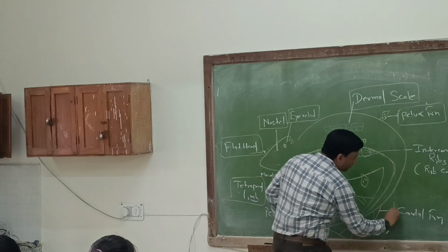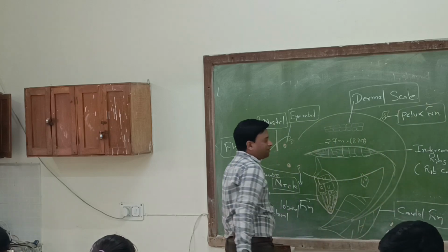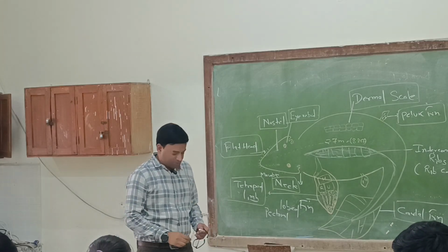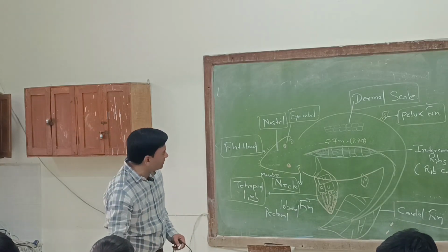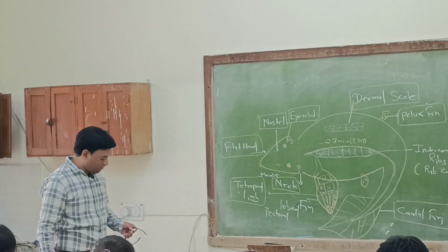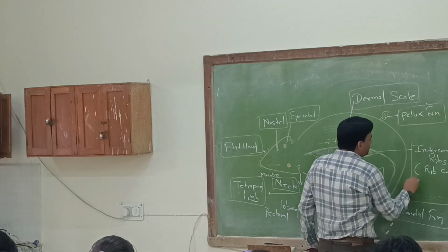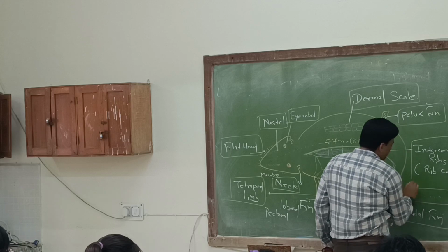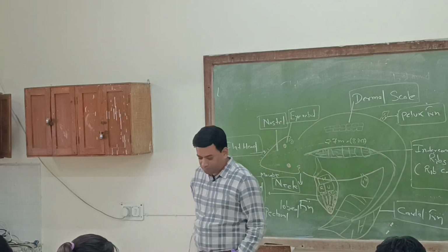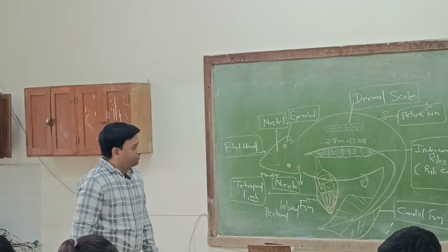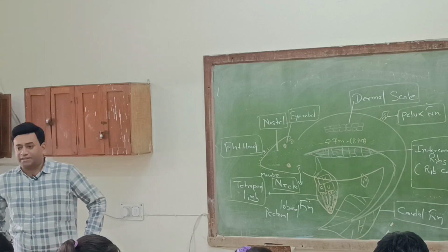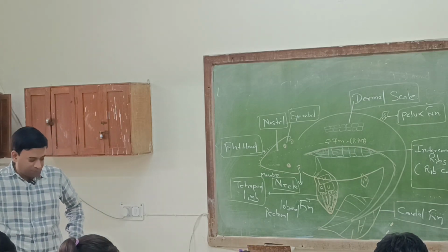Then the presence of the caudal fin confirms that it is a fish. And then the interconnected rib confirms that this is not a fish, it is actually an amphibian, a tetrapod, and it spent a lot of time on the land. With the help of this rib cage, it protects its internal organs.